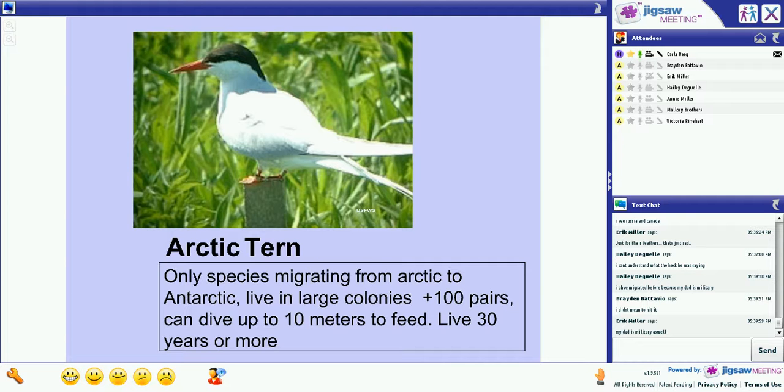That's okay. Not a big deal. Well, that isn't a true migration because in order to be a migration, it's an animal that goes somewhere and then comes back to the same spot every year.